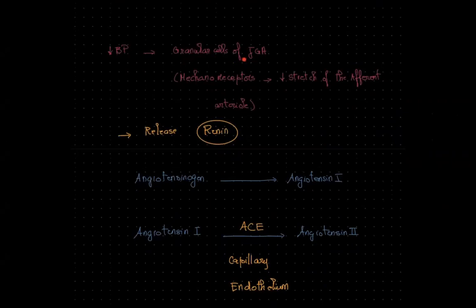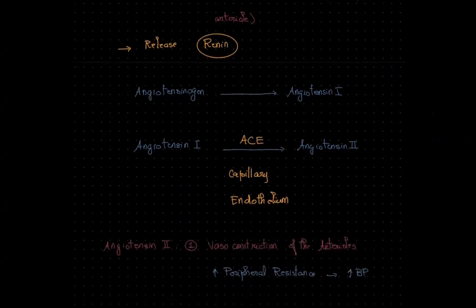Granular cells of the juxtaglomerular apparatus will detect a decrease in the degree of stretch. They respond by releasing renin that converts angiotensinogen to angiotensin 1. Angiotensin 1 gets converted by the endothelium of the capillaries into angiotensin 2 by an enzyme called angiotensin converting enzyme.